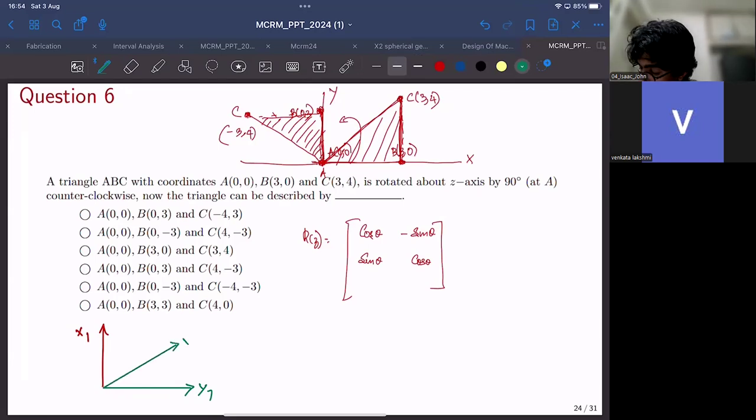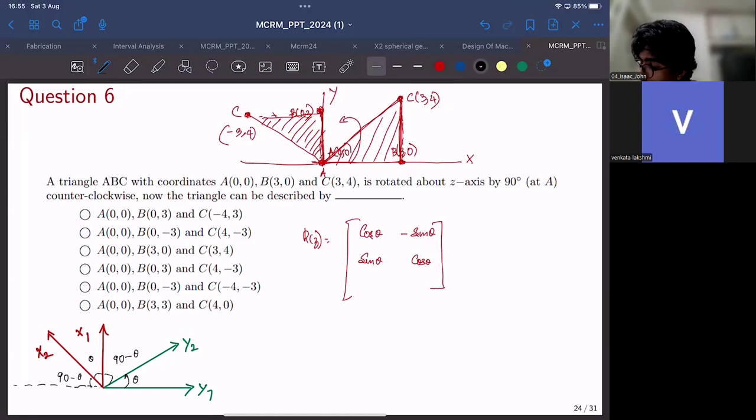This would be Y2 and this would be X2. I hope this is agreeable. And since we are rotating by theta degrees, this is theta. We are rotating with respect to the Z axis. So if this is theta, this will be 90 minus theta, and this will be theta, this will be 90 minus theta.